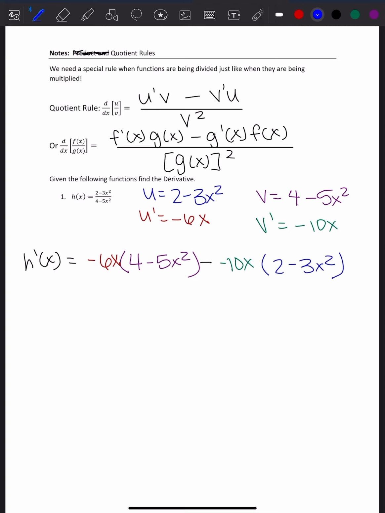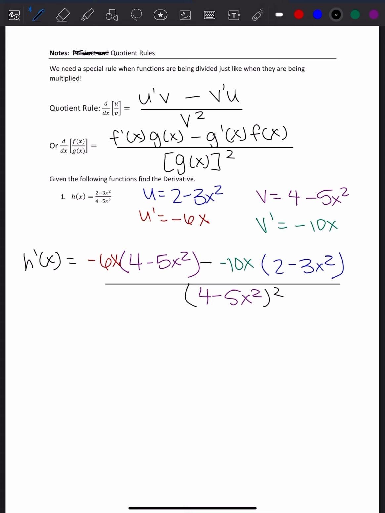And then I take all of that, and that is the numerator over v, so 4 minus 5x squared, being squared. Okay, this right here is our setup for quotient rule. I have found a derivative, and it is kind of just done.